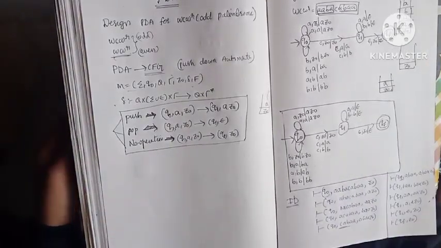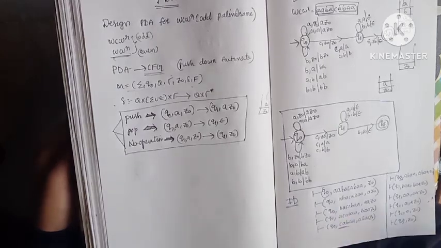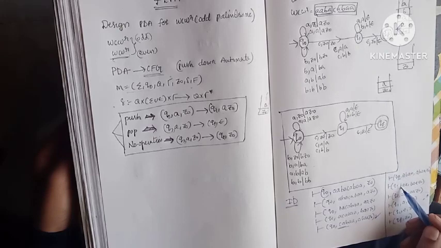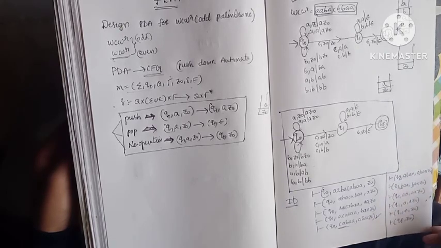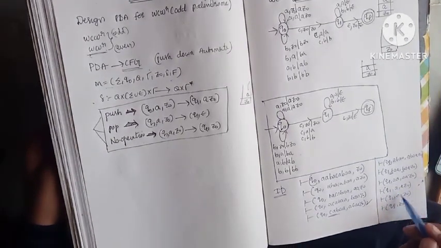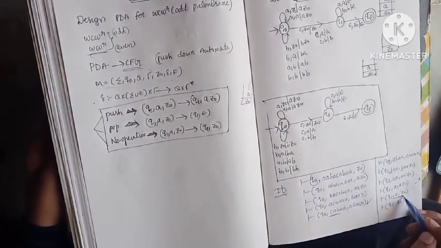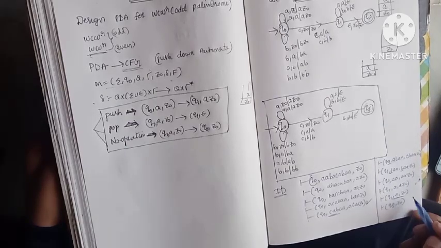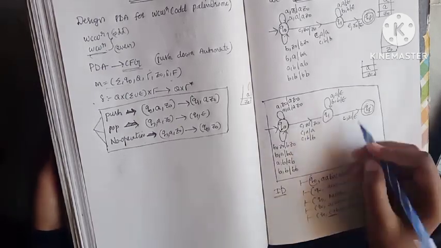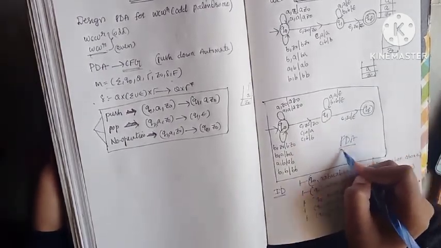Now when it comes to c, we are performing no operation. Next, when a is there and the top of the stack is also a, we pop it out. Again b is there, at the top of the stack also there is b, so we pop it out. Again a is left, popping it out, and finally the last a also we pop out. Now finally we are left with the empty stack. So finally we can say yes, the PDA that we have designed is absolutely right.